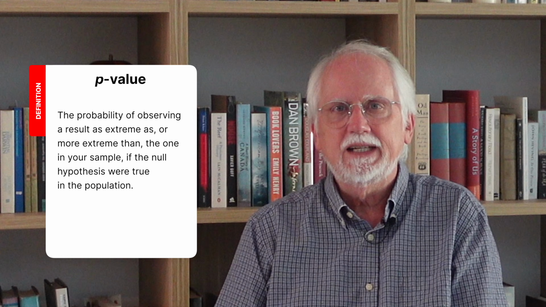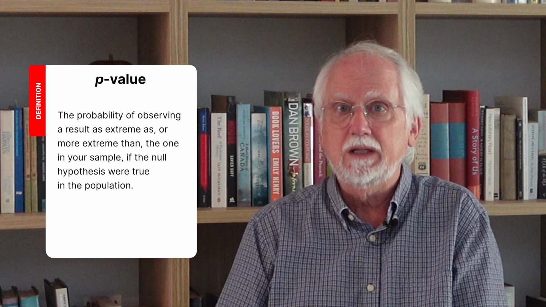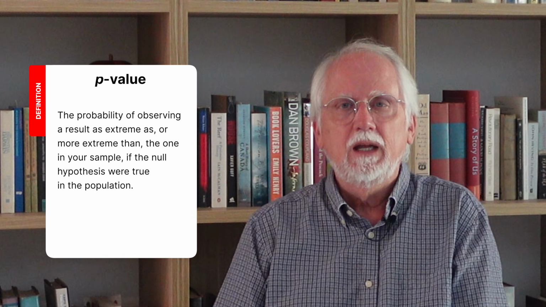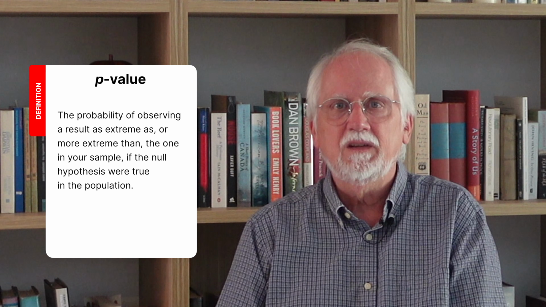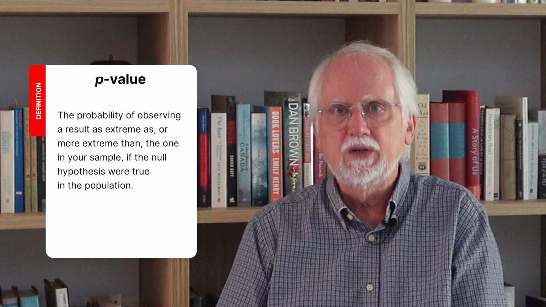Here's what it actually is. The p-value is the probability of observing data as extreme as or more extreme than what you actually observed, given that the null hypothesis is true. In other words, it's a conditional probability. The condition is that the null is true. The probability is calculated under that condition.